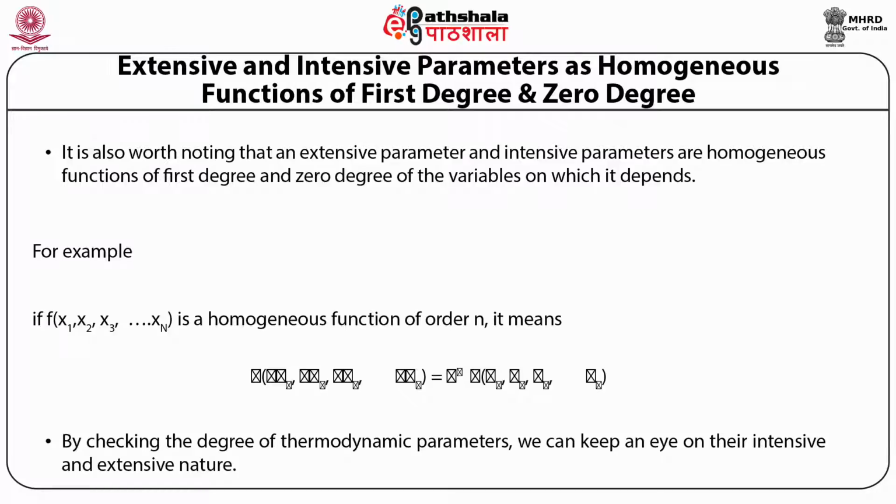By checking the degree of thermodynamic parameters, we can keep an eye on their intensive and extensive nature.